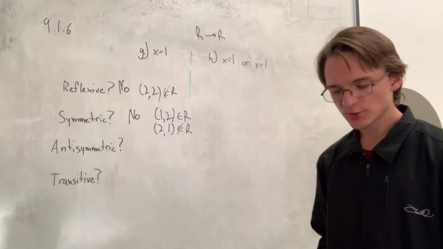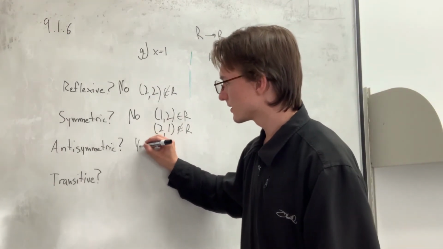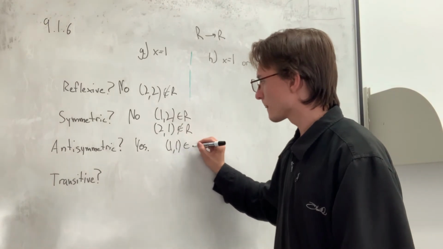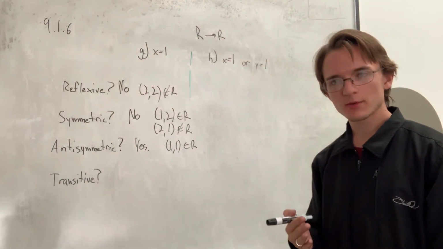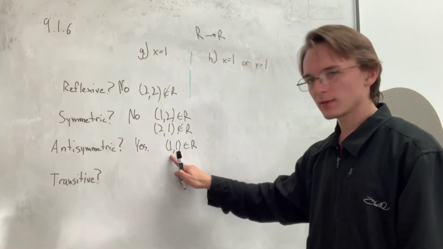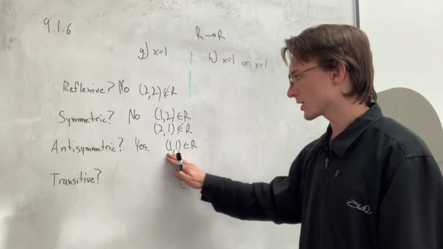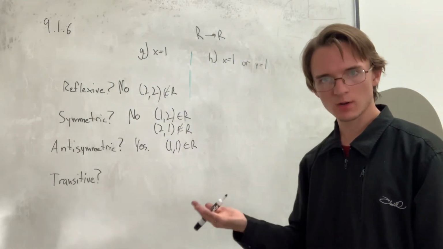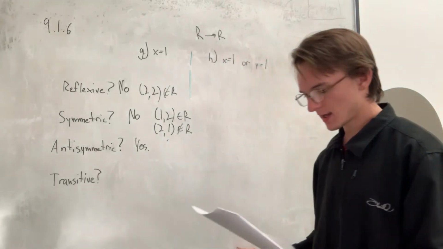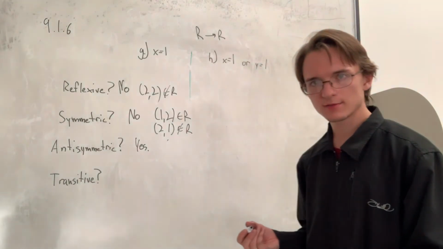Is it anti-symmetric? Yes, it is not symmetric in any case, except when (1, 1), but remember, anti-symmetry allows for the pair to be reflexive. So even though this is technically symmetric, (1, 1) reversed is still (1, 1), this is allowed. So it is anti-symmetric. Finally, is it transitive?